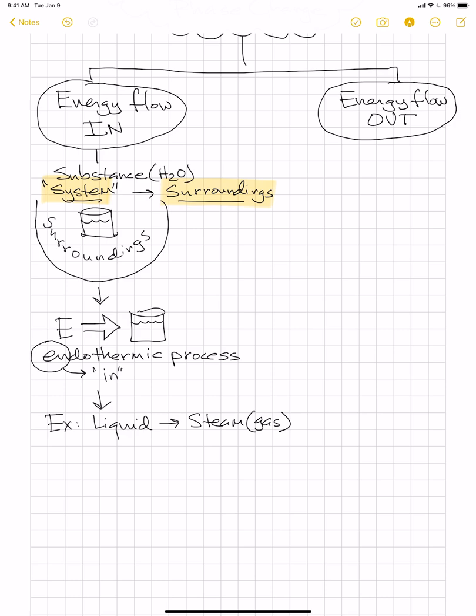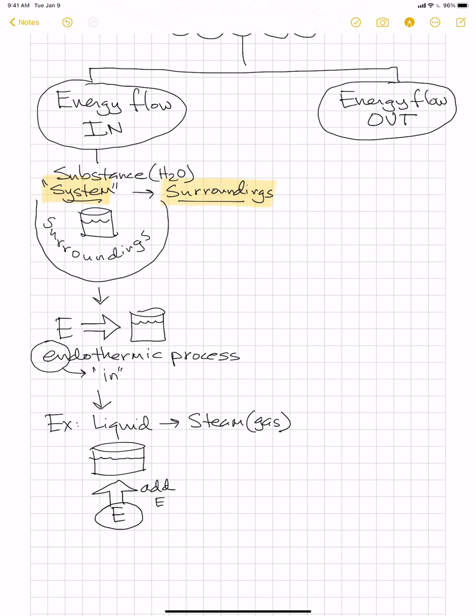And so to get liquid water to turn into the gas phase, we have to add energy. You could add energy by putting it on a stove, you could leave it out in the sun, you could put it on a hot plate, but some way you're going to have to add energy.